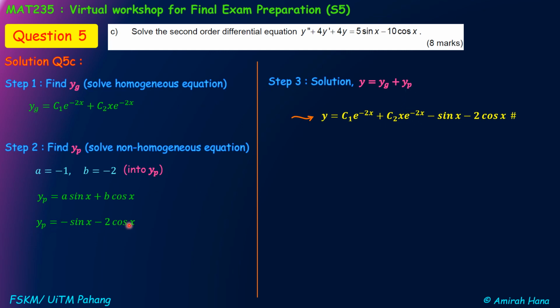This is our yp, so we have minus sin x minus 2 cos x. This is the solution for this second order differential equation. Got it?